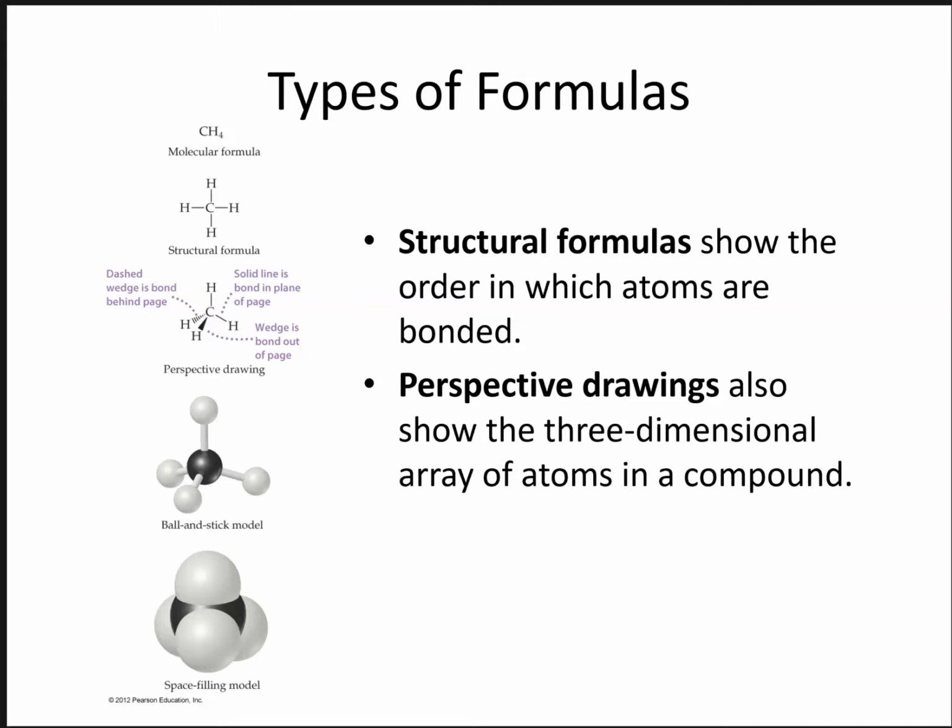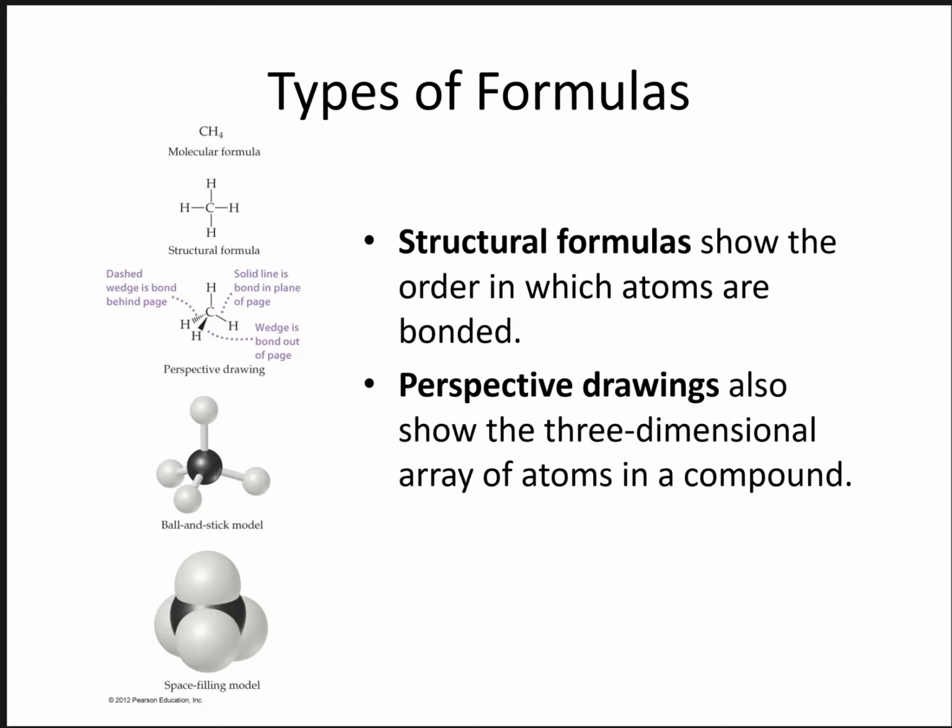Then we have the space-filling model, which is really just giant spheres representing the atoms, and the bond is implied to be there. So this is more of a structural or three-dimensional surface perspective, and you'll see that too during the course of the semester, although not too often. Mainly we'll stick to perspective drawing, structural formulas, and molecular formulas.